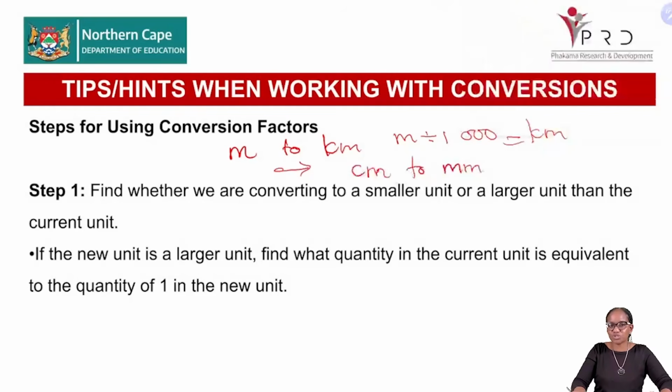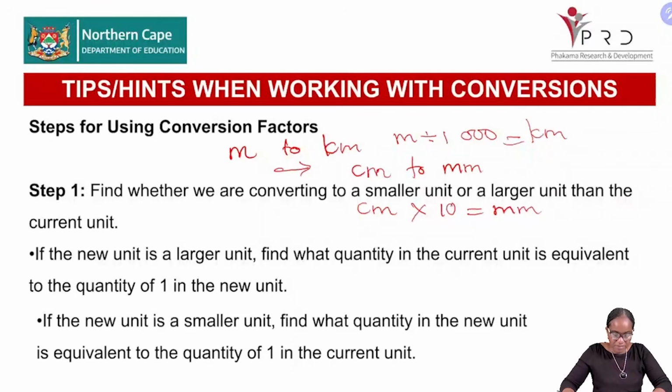What are you going to do? You are going to multiply. So the trick is from larger to smaller, we multiply. From smaller to larger, we divide. Then this would give you your millimeters.